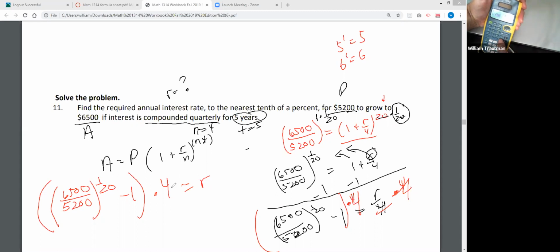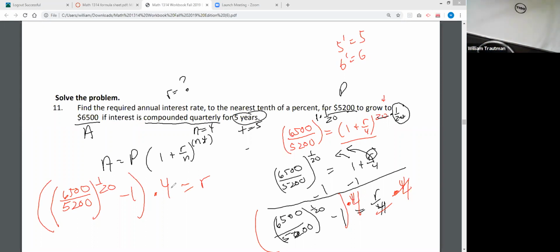Oh, no. I've got to arrow over again because it's subtracting 1. We're not subtracting 1 from the power. We're subtracting 1 from the whole problem. Closing that parentheses and then multiplying it by 4. So it's a lot. And when I type it in, I get 0.0448.